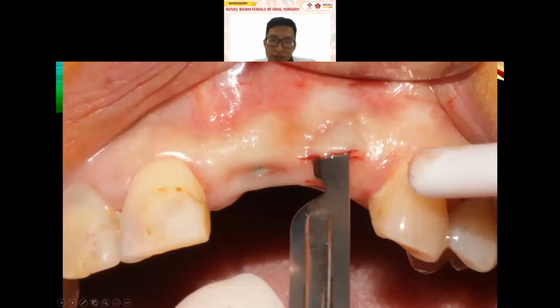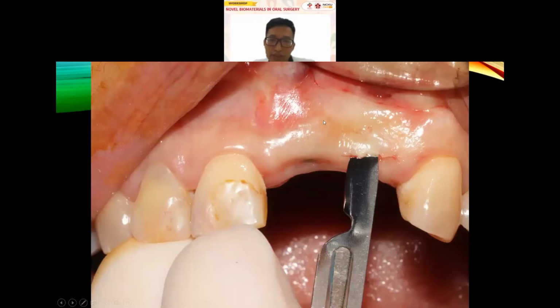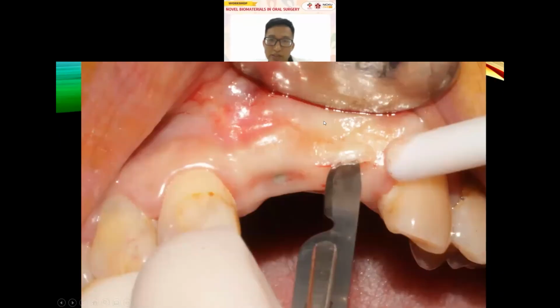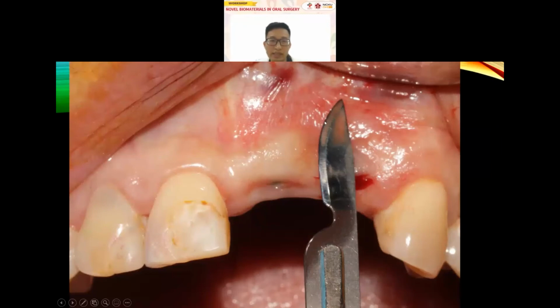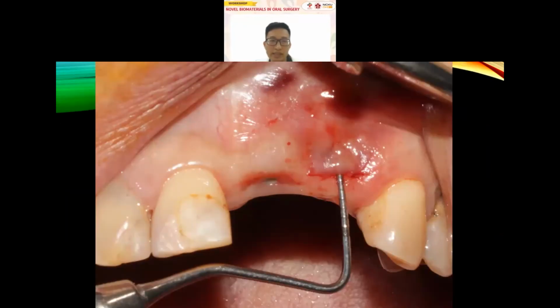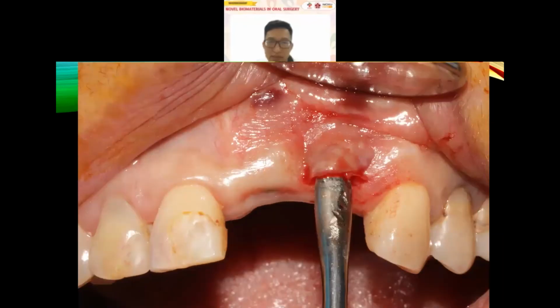Move in the coronal to apical direction, and when I get about 10 millimeters, I finish this procedure and read the measuring, and it's ready to receive the graft.